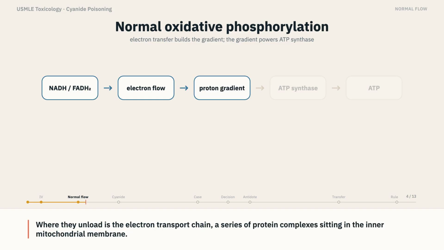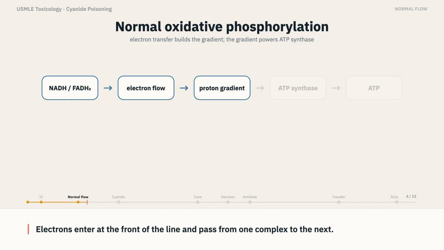Where they unload is the electron transport chain, a series of protein complexes sitting in the inner mitochondrial membrane. Electrons enter at the front of the line and pass from one complex to the next. Each handoff releases a bit of energy, and three of those complexes, complex I, complex 3, and complex 4, use that released energy to pump hydrogen ions out of the mitochondrial matrix into the intermembrane space.